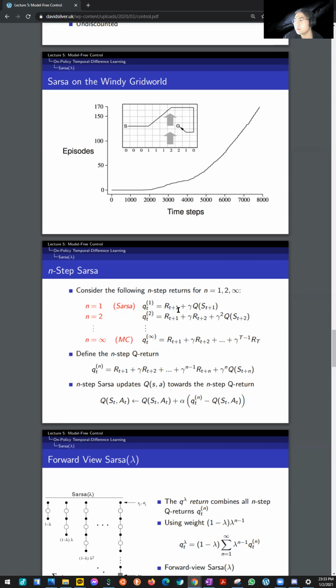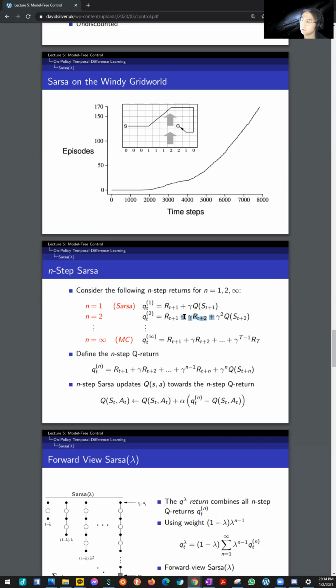However, if we are only relying on one real interaction, this could lead to a higher bias issue, because the second term here is an estimation, and we only have one term of realness: higher bias, lower variance. So now we introduce the n-step concept.